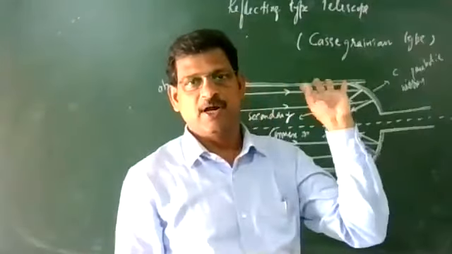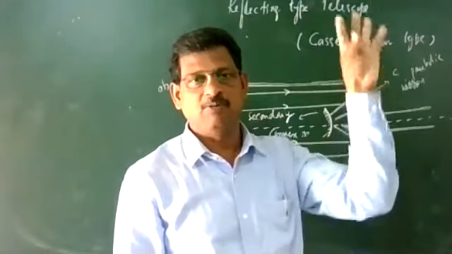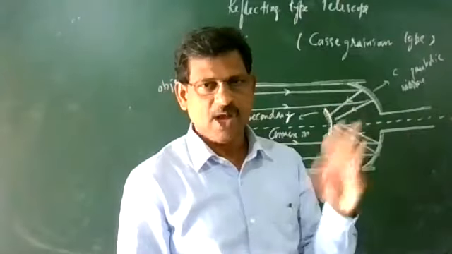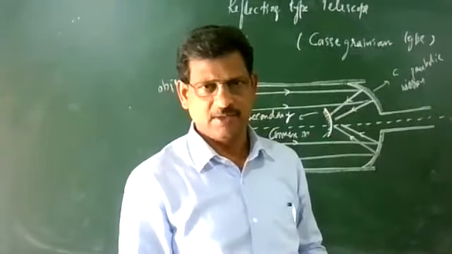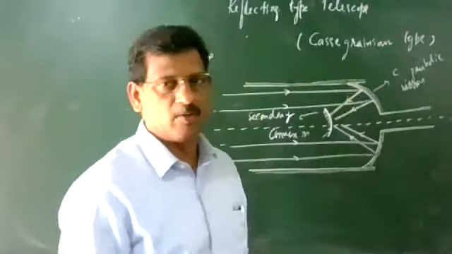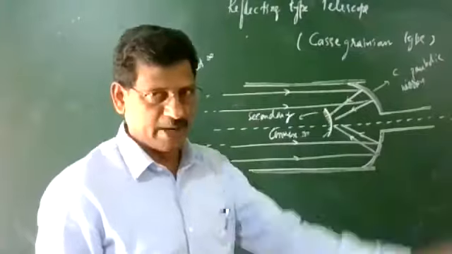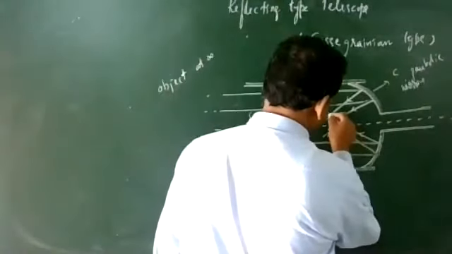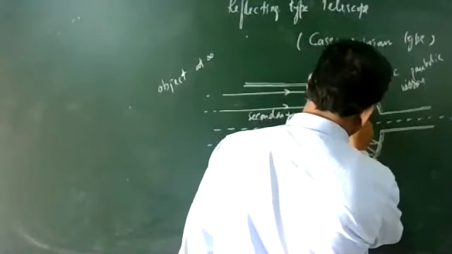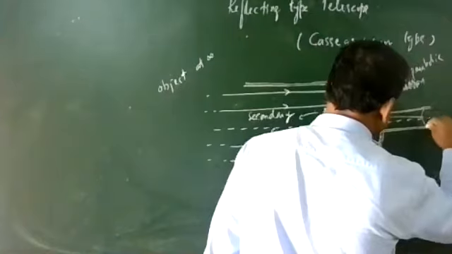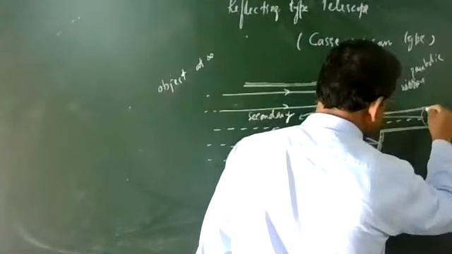In an ordinary telescope, you have two convex lenses: the objective lens, bigger in size, and the eye lens, of moderate size. Here, the objective lens is replaced by the huge parabolic mirror. The eye lens remains as it is. These rays after reflection pass through the tube here and finally go to the convex lens.